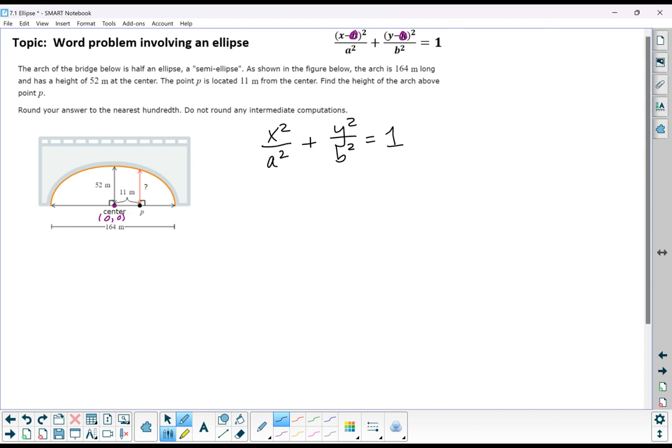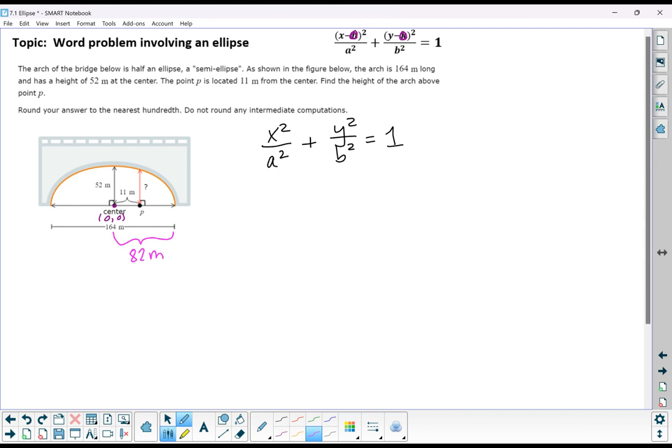Okay, so the picture here and the words are giving us the major and the minor axis. So in the x direction, the major axis, which is from the center to the edge, well, we know the whole width of that arch is 164 meters. So this axis is 82 meters.